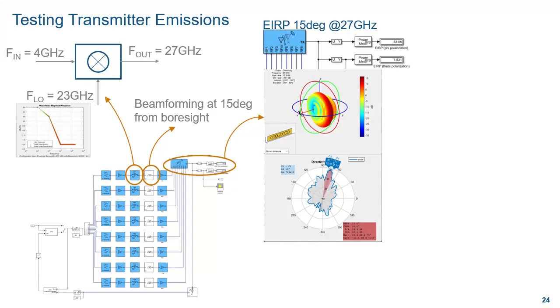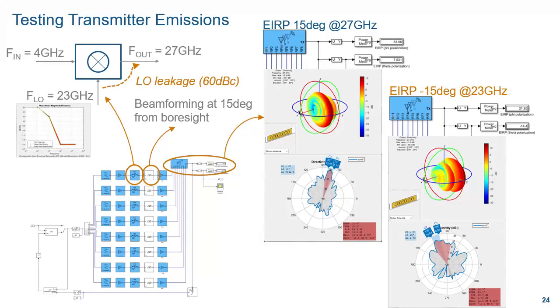As a fun experiment, let's now assume that our modulator is affected by LO leakage. That is to say, part of the power of the local oscillator leaks to the RF port. This means that we are actually transmitting a signal at 23 gigahertz of output frequency. And we can actually verify what is the EIRP and the radiated power at the output emission frequency.